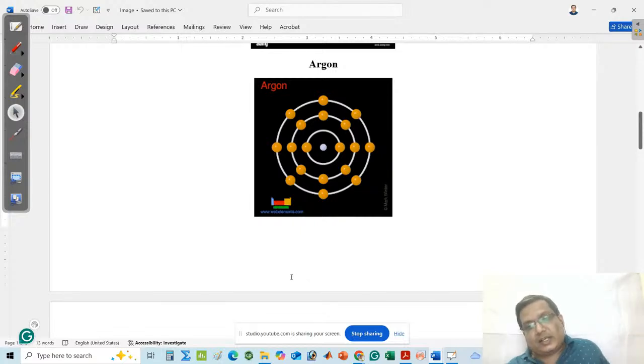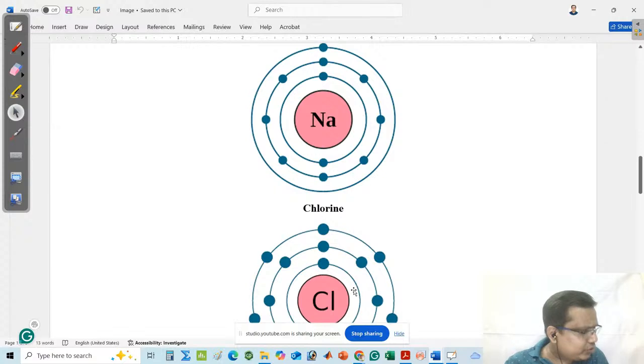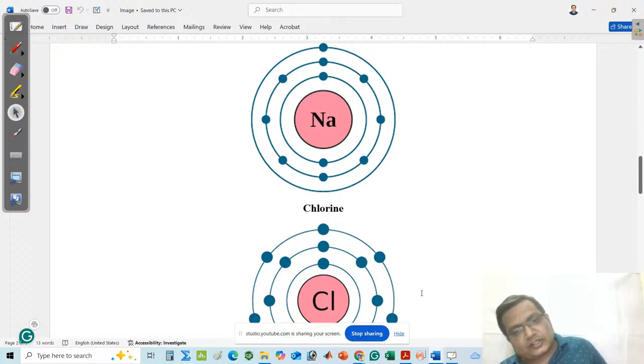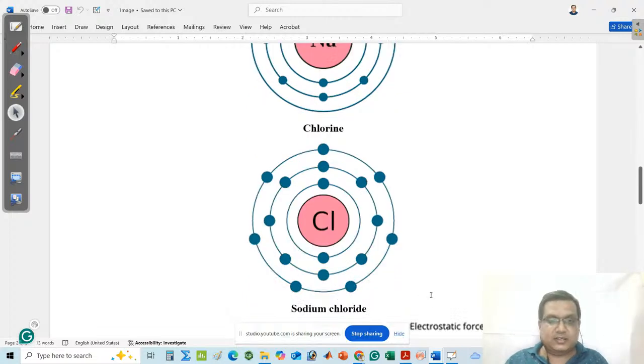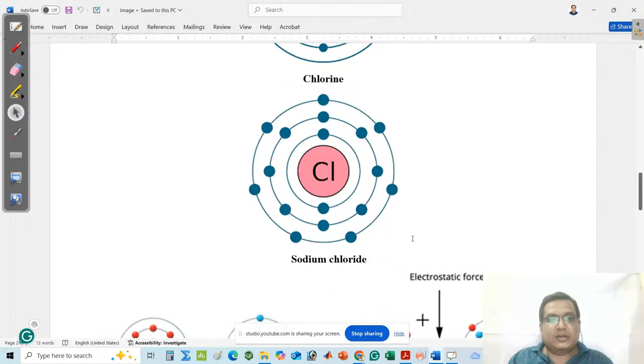Next, I will think about another example. Suppose think about sodium. Sodium always wants to stay stable. Similarly, think about chlorine. Chlorine also has a tendency to make a stable electronic configuration.